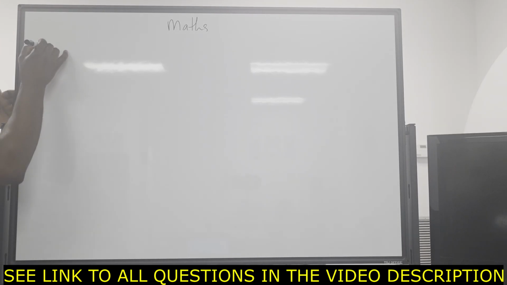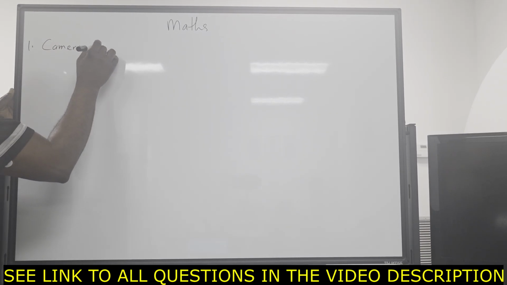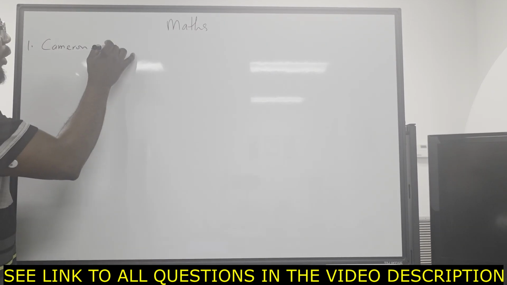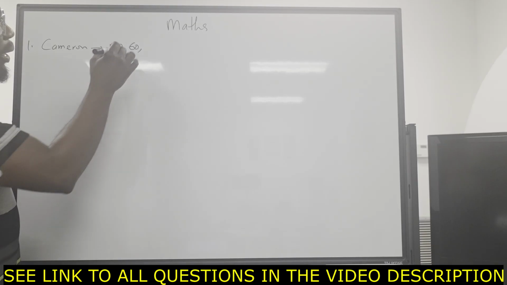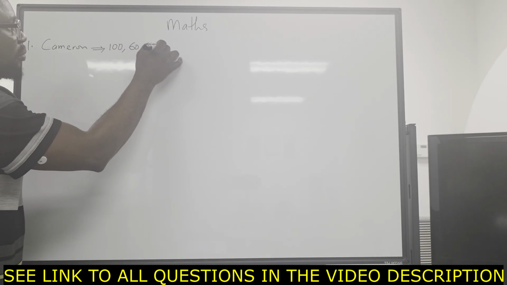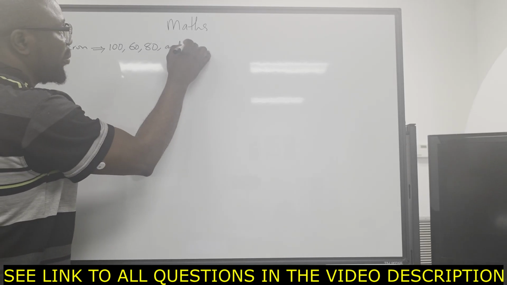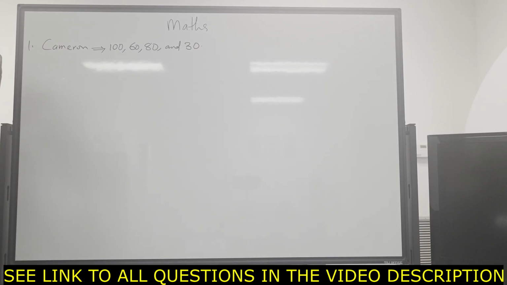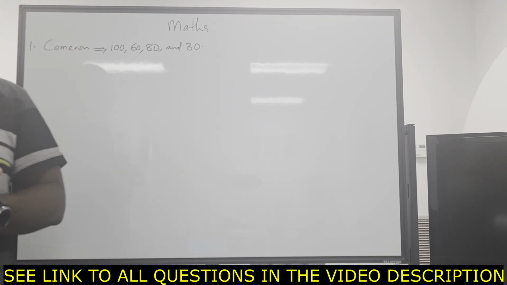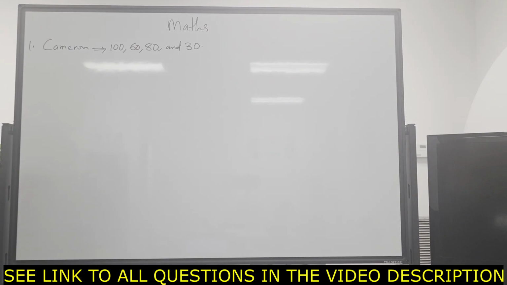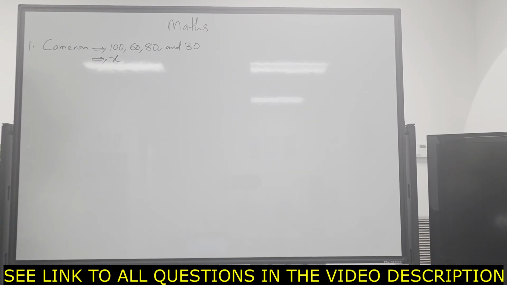So Cameron, his name is Cameron, he took 4 tests and the scores are 100, 60, 80, and 30. I'm going to put these questions on the screen once I start my formatting or my editing. Cameron took another test that was scored X. So he took another one and he scored it as X.